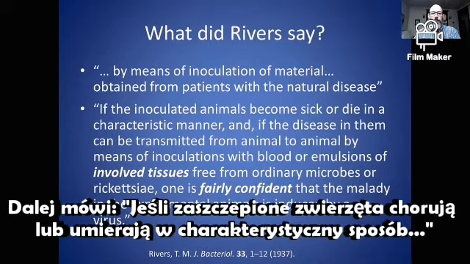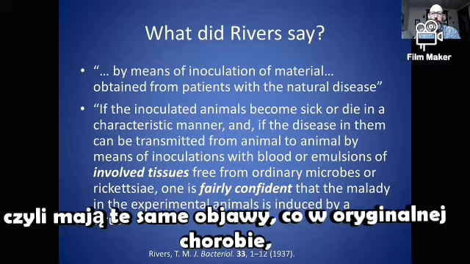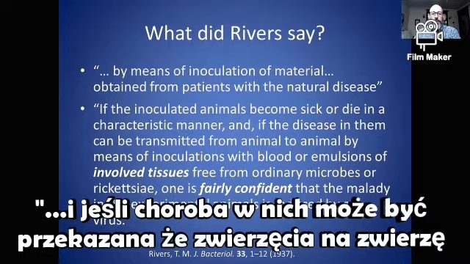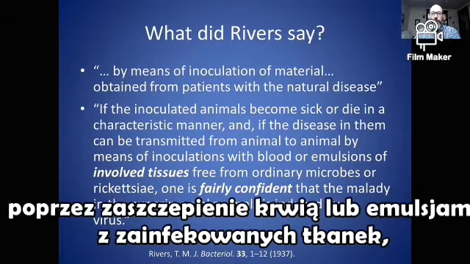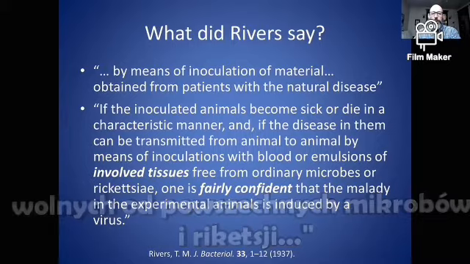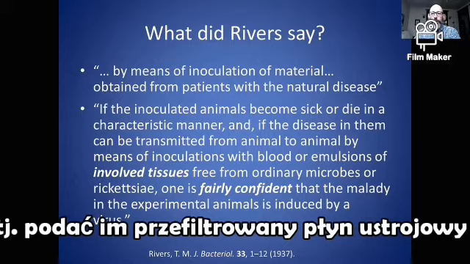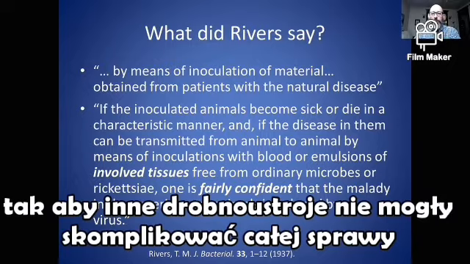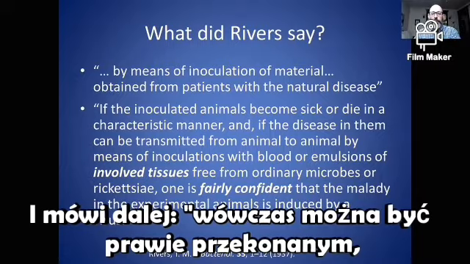He also said, if the inoculated animals become sick or die in a characteristic manner, which means having the same symptoms as the original disease, and if the disease in them can be transmitted from animal to animal by means of inoculations with blood or emulsions of involved tissue, free from ordinary microbes or rickettsia, so in other words, give them a bodily fluid that has been filtered so that there are no other organisms in there that can confuse the issue. It has to be purified.